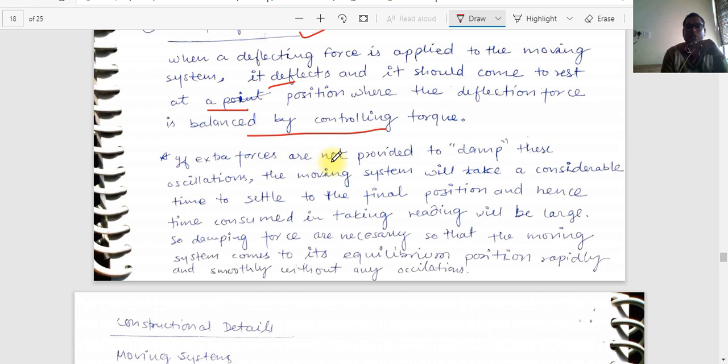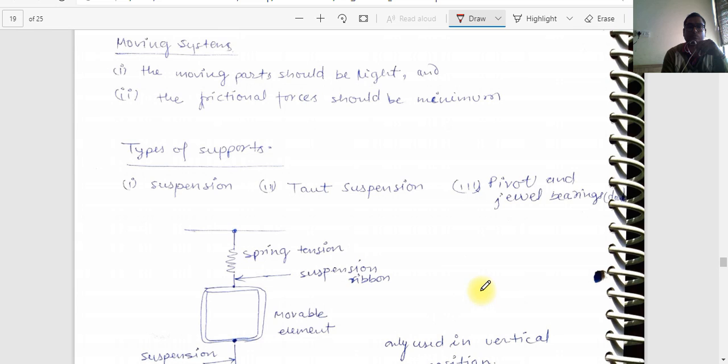If extra forces are not provided to damp these oscillations, the moving system will take a considerable time to settle to a final position, and hence the time consumed in taking a reading will be large. Damping forces are necessary so that the moving system comes to its equilibrium position rapidly and smoothly without any oscillations.